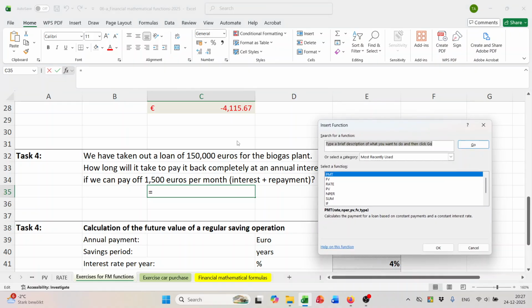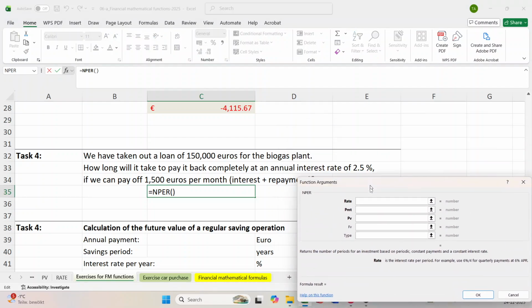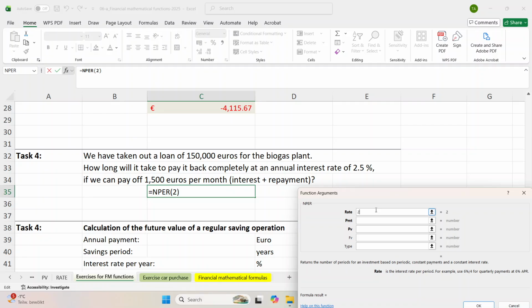So I go to the function NPER. Okay, so our rate is 2.5%.